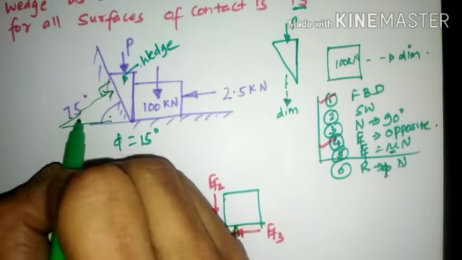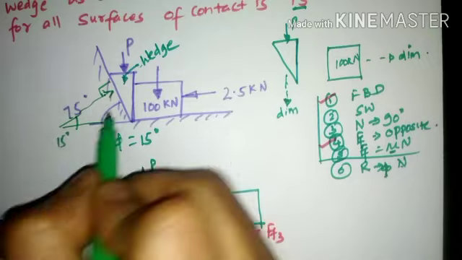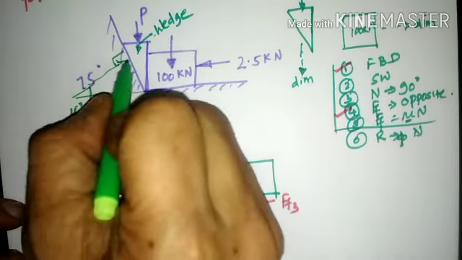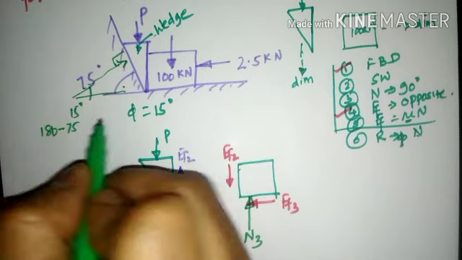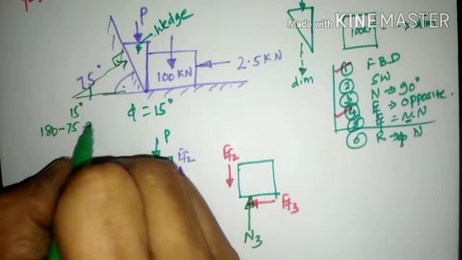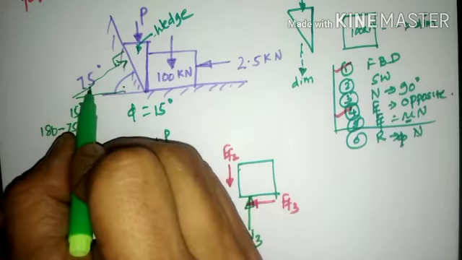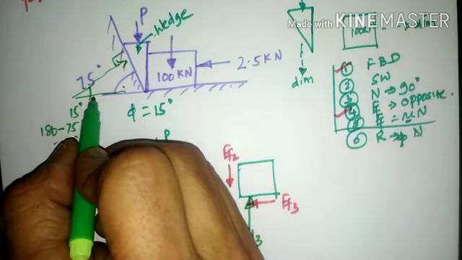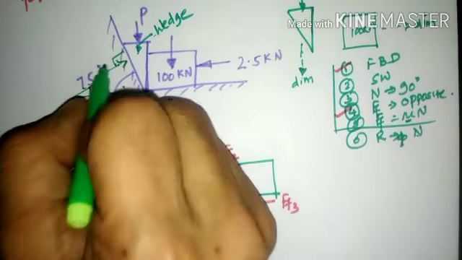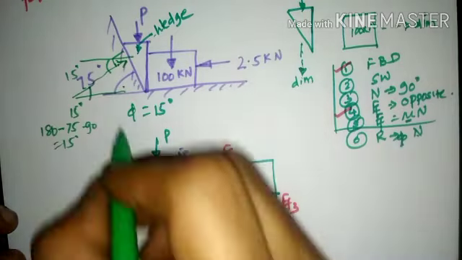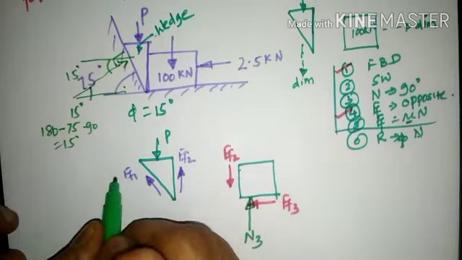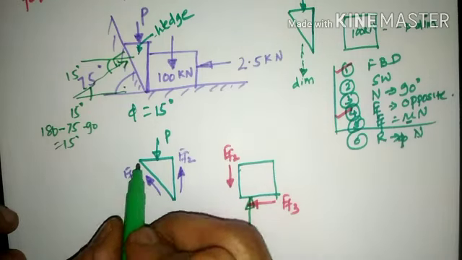This is 90 and the left out angle will be 15 degrees. How to calculate this? This forms a right angle triangle, so 180 minus 75, then minus 90, which comes out to 15 degrees. The same 15 degrees will be transferred here, so the normal reaction will make an inclination of 15 degrees to the plane of contact.